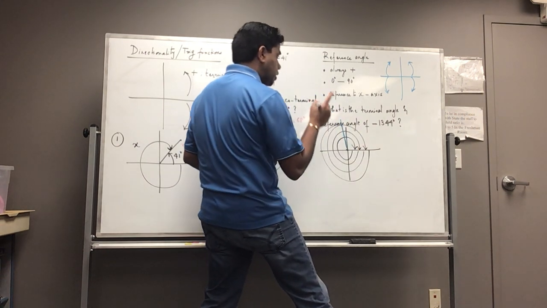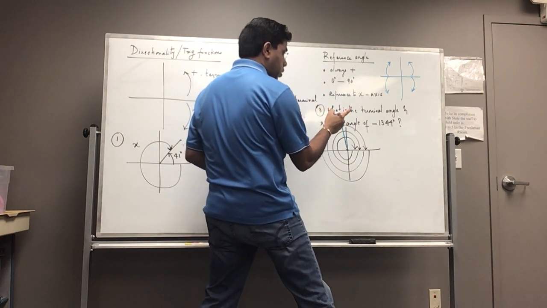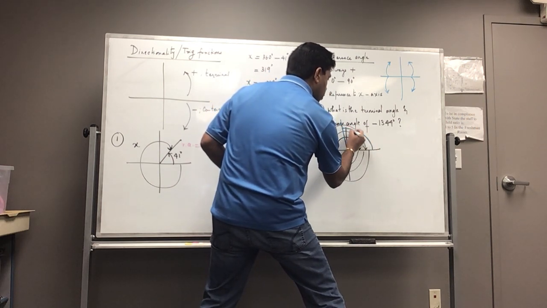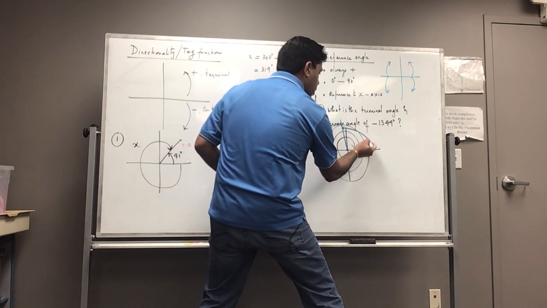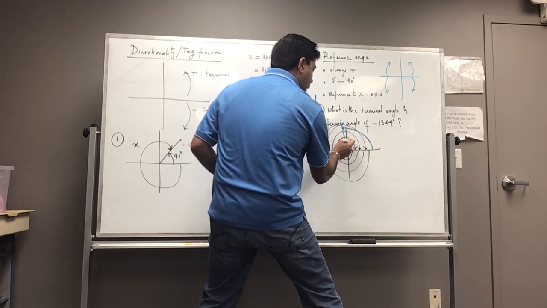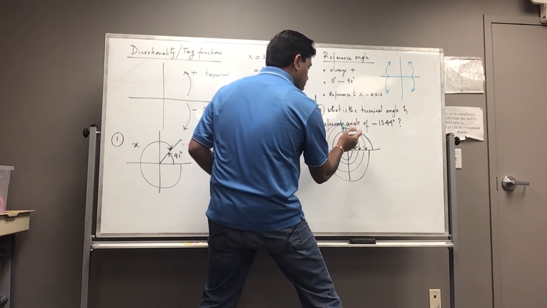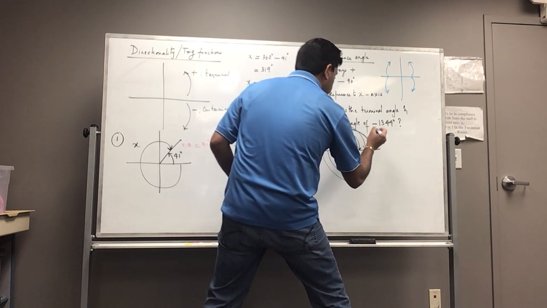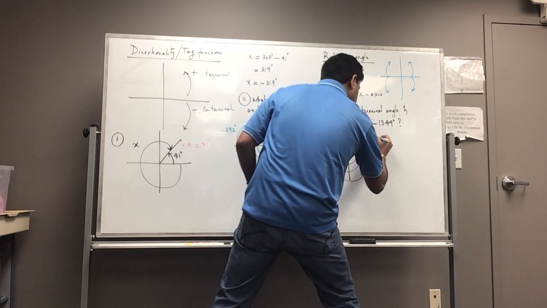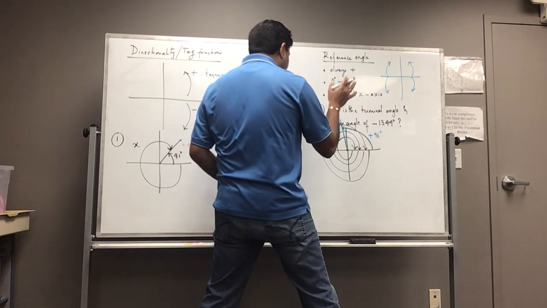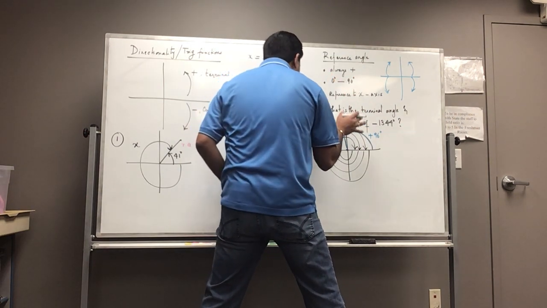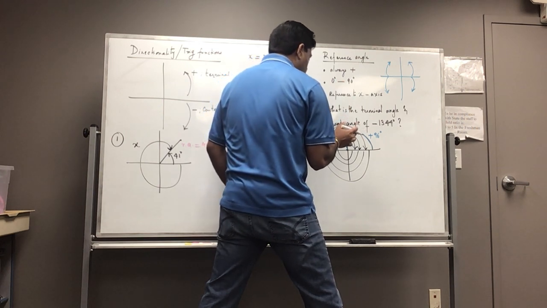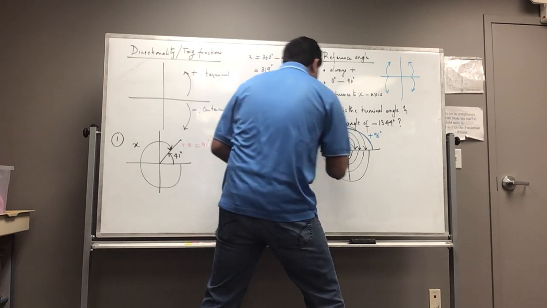So what's going to be the terminal angle of this? The terminal angle would be from here to the x-axis. So it'll be 90 plus 6, 96 degrees. So the terminal angle of negative 1,344 degrees is 96 degrees. And what's going to be the reference angle?